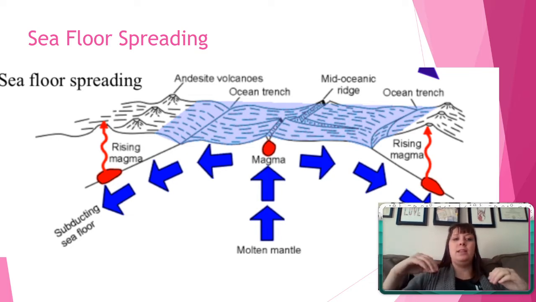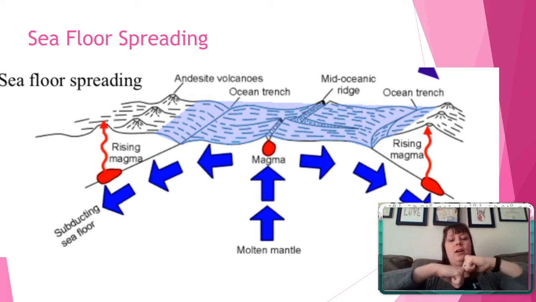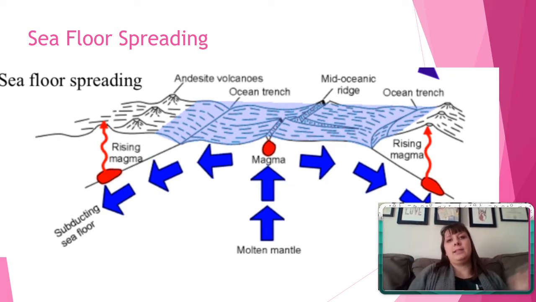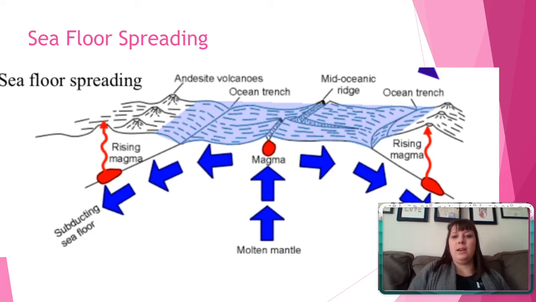And then when that seafloor meets our continental boundary, it's going to go under and have that subduction. So you guys may remember this from your Earth Systems class. I think I've talked about it in here before. So seafloor spreading, we're looking at this plate tectonics, these movements of the plates.